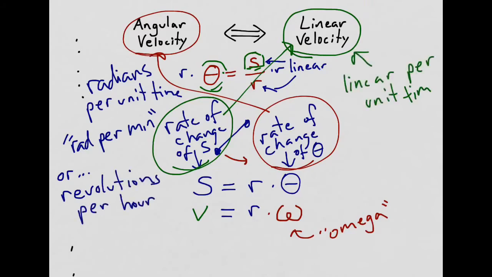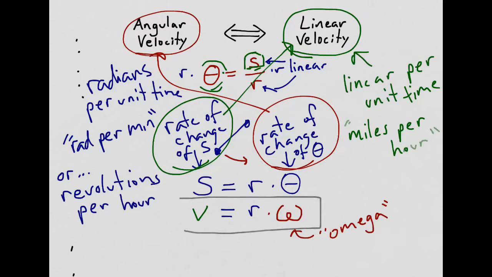Velocity is described by some sort of linear measurement per unit time. So we could talk about miles per hour or feet per second. So the key formula that we're going to use is v equals r times omega, which relates angular velocity to linear velocity when the radius remains constant.